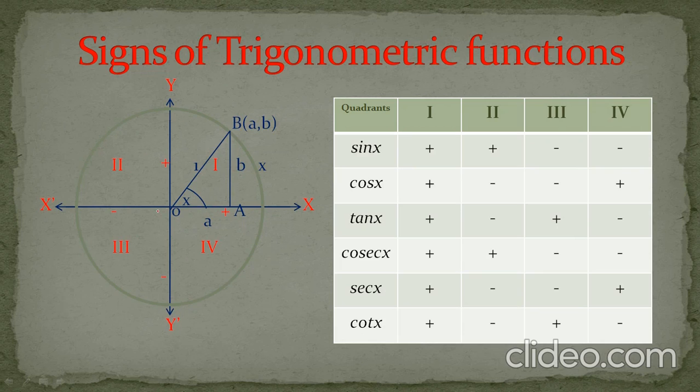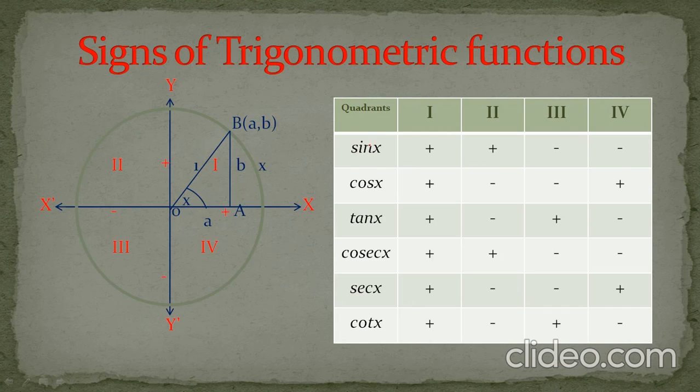Third quadrant में both A and B are negative. दोनों coordinates negative हैं, तो sin x भी negative हुआ और cos x भी negative हुआ. In fourth quadrant, we can see our first coordinate A is positive and B is negative. So in that case, sin x is negative और cos x क्या होगा fourth quadrant में positive. So these are the signs for sin and cos.